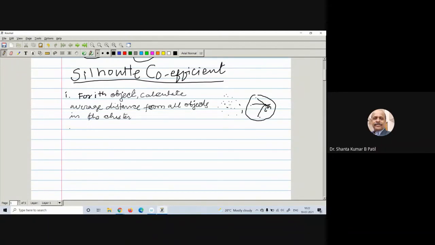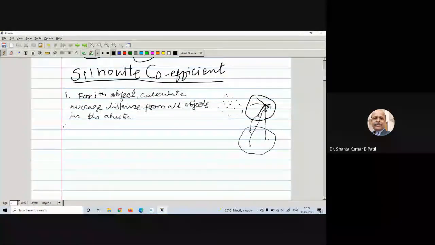In the second step, you take this ith object and again find the average distance from the other clusters. These are the points in the other clusters.